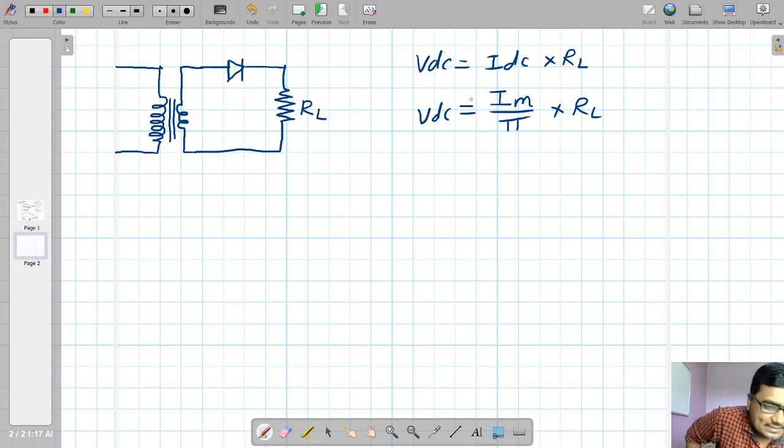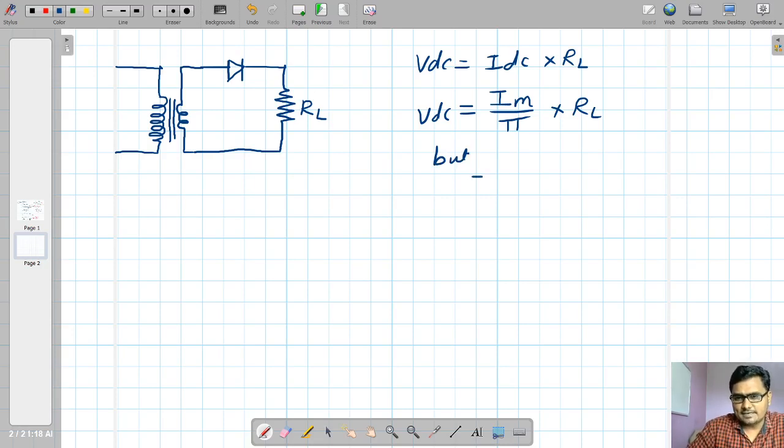Now, I want to represent voltage in terms of voltage, so this Im has to be represented in terms of voltage. Let's represent Im in terms of voltage.